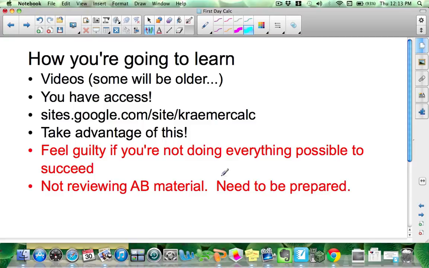I have spent a ton of time this summer, and I will be spending a ton of time during my maternity leave, none of which I have to do, okay? I'm doing this because I care about you as students, and I want to make sure you're successful. So you need to think about how much work I'm putting in, even though I don't have to, and you should be working at least twice that hard, okay, to make sure that you are successful.